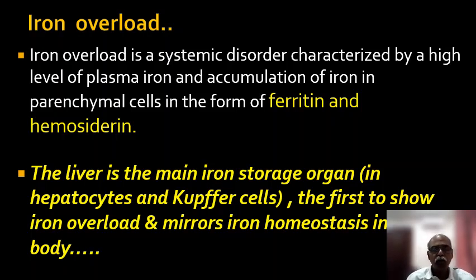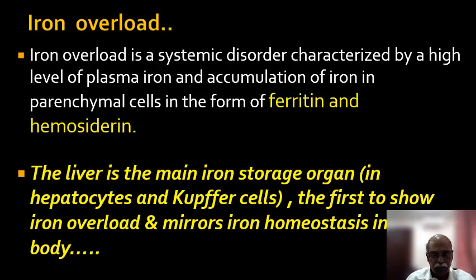So we now know that plasma iron is transported by transferrin, and if transferrin saturation is increased, it is oversaturated, and the iron goes into the cells. Most commonly it goes into hepatocytes, because the iron has affinity for hepatocytes.